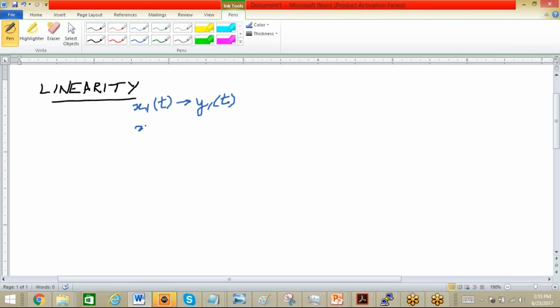Similarly, we have x2(t), which is providing the output y2(t).